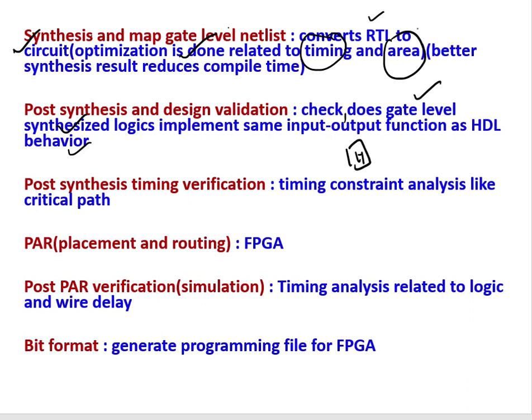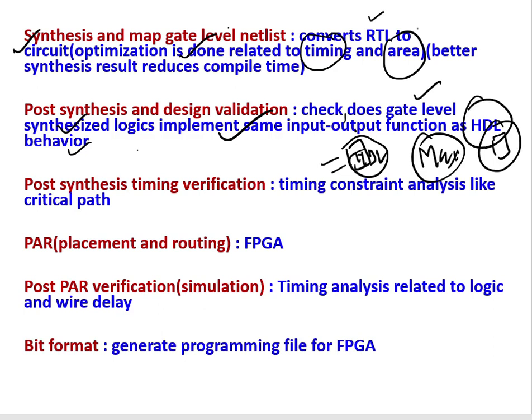Let's say we wrote code for a mux, then it will be converted into the logic level circuit. Then it will check input and output. It will check whether the input output of this circuit that we got and the HDL are the same or not. This is what is done here, in post synthesis and design validation.